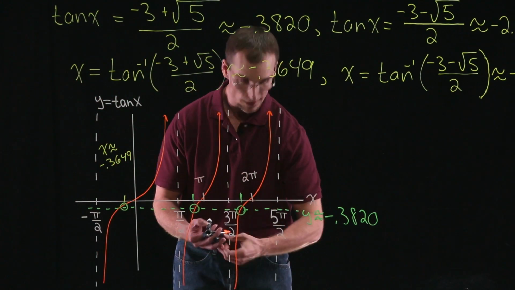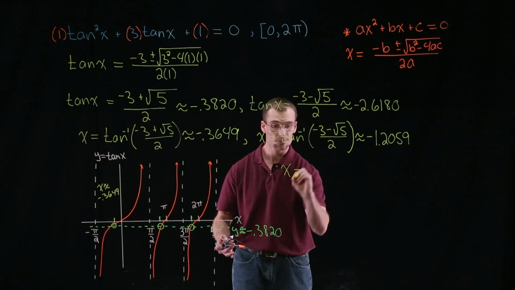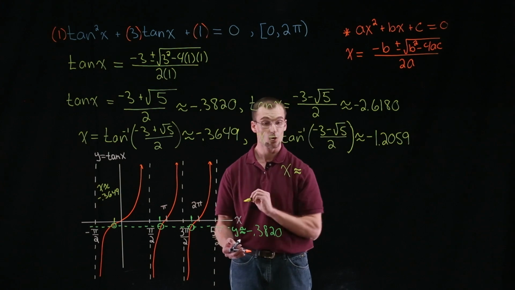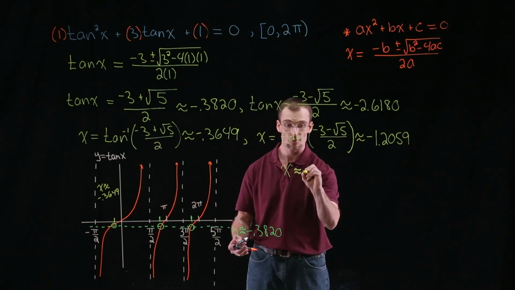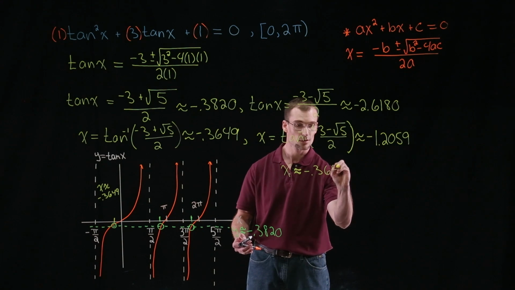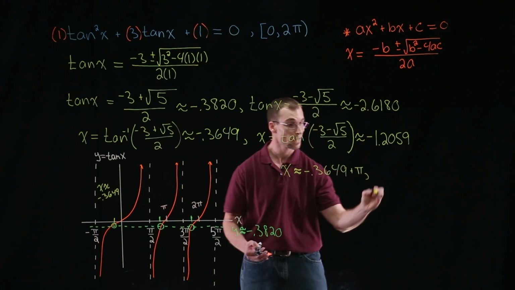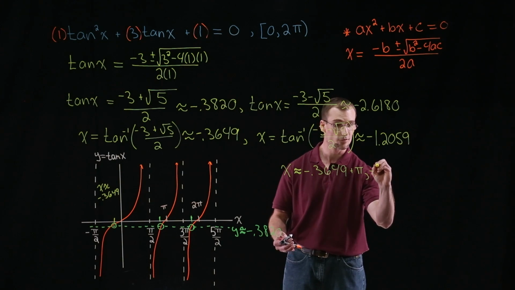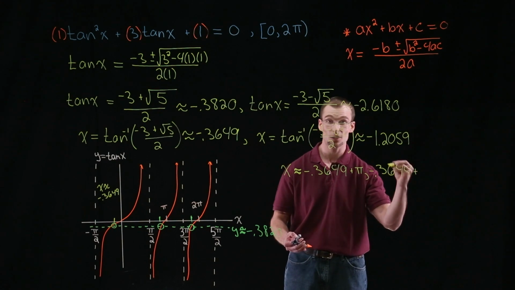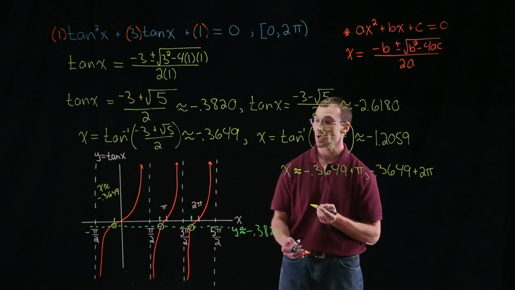So let's write those down for now. So we're going to have solution x approximately equal to our value negative 0.3649 plus pi and negative 0.3649 plus another multiple of pi, or plus 2 pi.